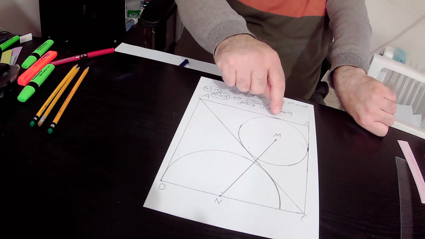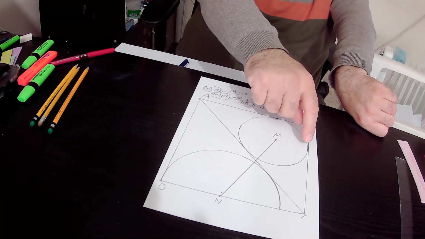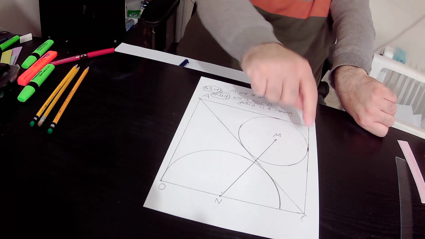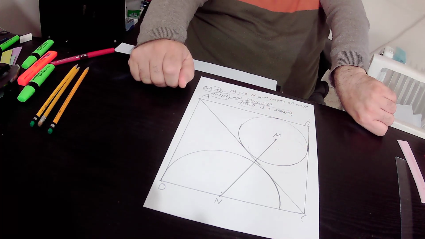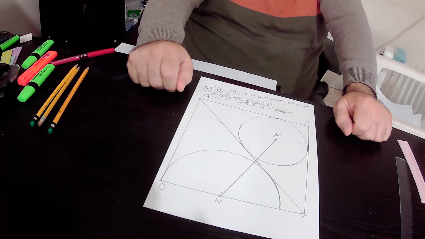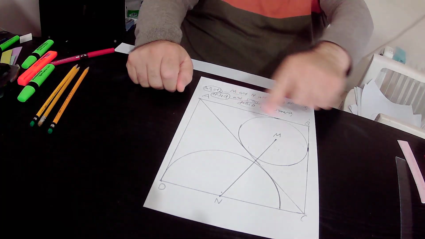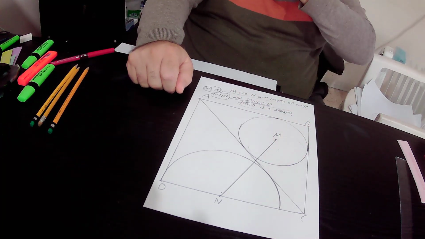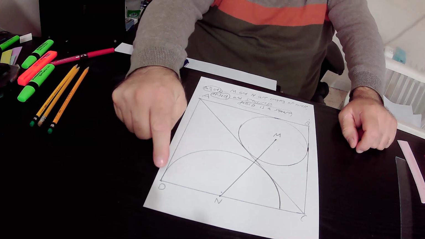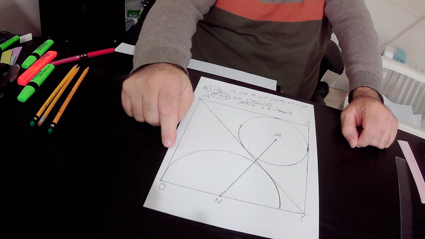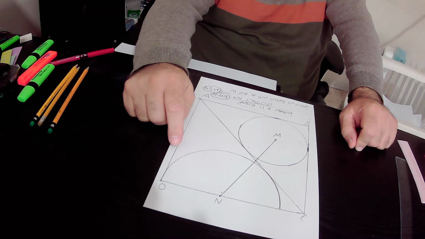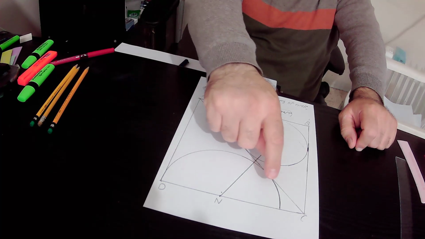This is one point of tangency and this is the second point of tangency between the circle and the square, and the circle is also tangent to AC at this point, and the semicircle is tangent to AC at this point, and the semicircle is tangent to the square at point D, and the semicircle touches side DC also at this point.